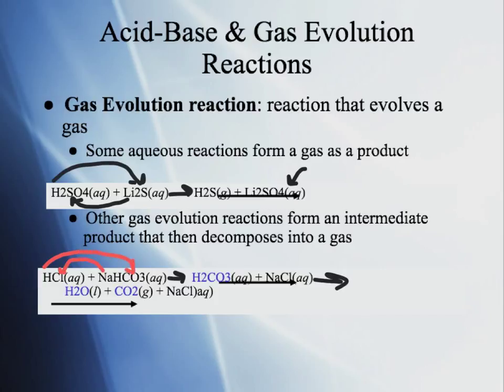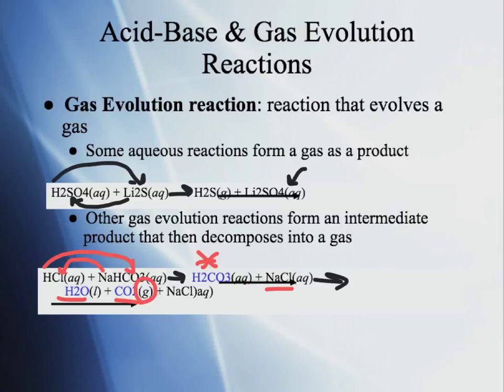We're going to have sodium chloride. Sodium drops HCO3 to hook up with chlorine, and then the H goes with the HCO3 to make H2CO3. But this is our intermediate. This guy is unstable. H2CO3 is unstable, and so what happens is that it basically breaks apart into water and carbon dioxide. And carbon dioxide is our gas here.